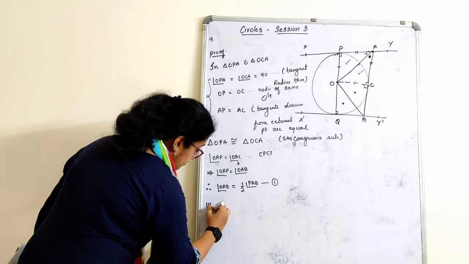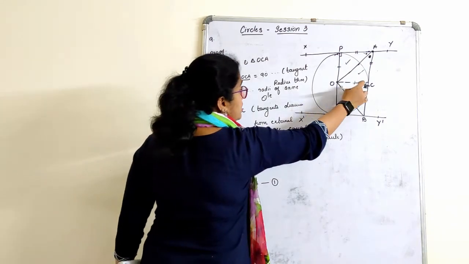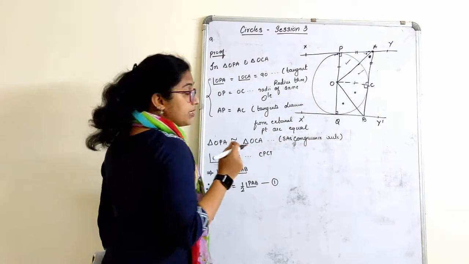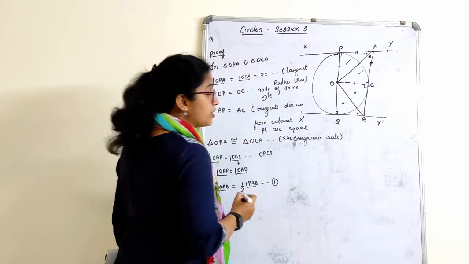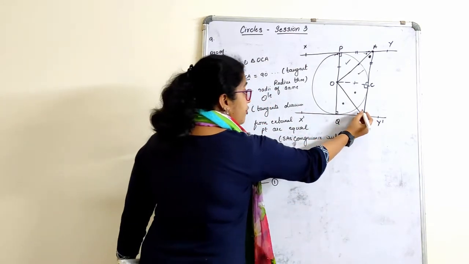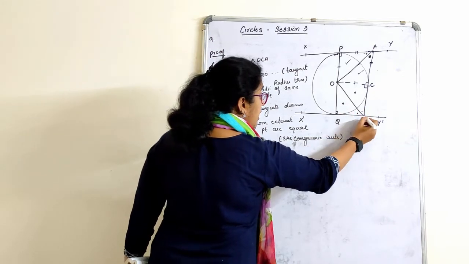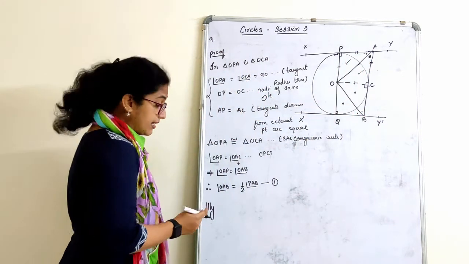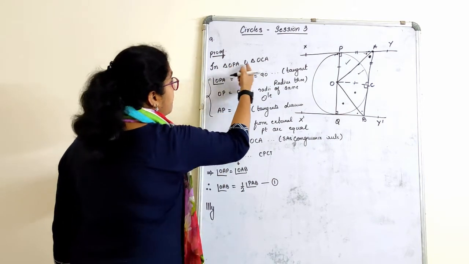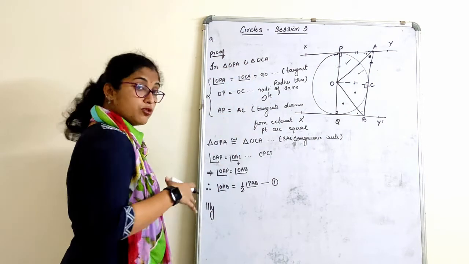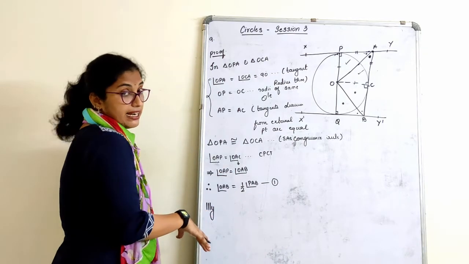Similarly, if I choose these two triangles and prove congruency, I will get that this angle is equal to this angle. Therefore, this angle is half of QBA. Can I write? Now, similarly, I will again, if I choose, I have to prove congruency. I will get CPCT and I will get that.